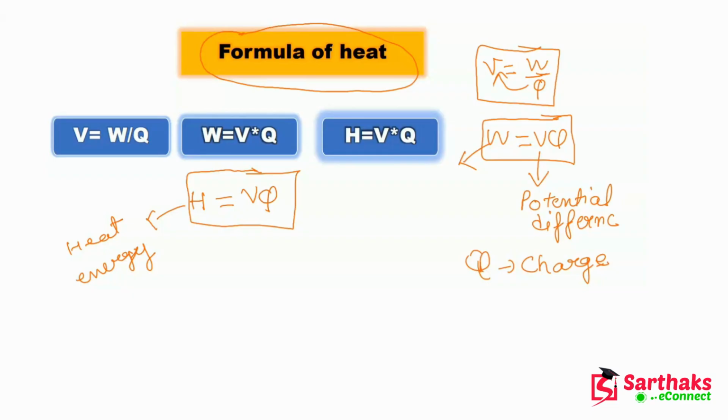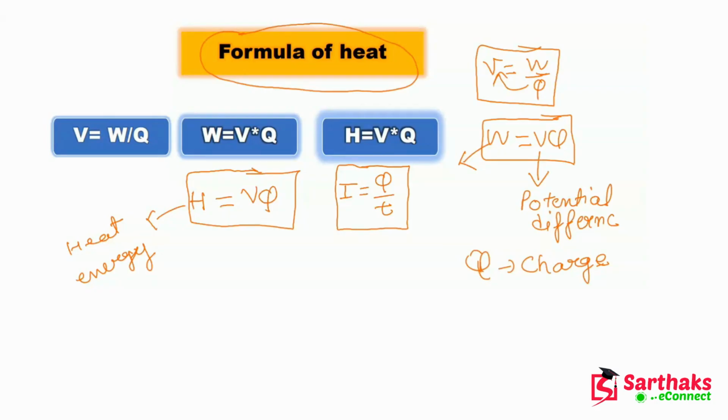Now guys, we know what electric current is. Electric current is basically nothing but the charge flowing in a conductor in 1 second. Or you can say the rate of flow of charges in a conductor is known as current. So this is the formula.